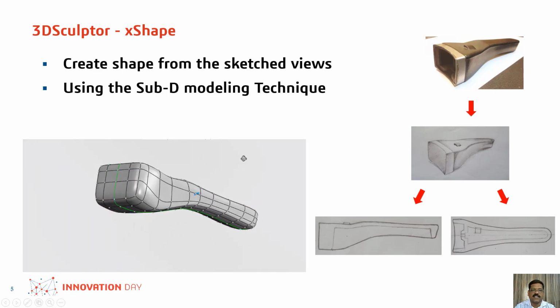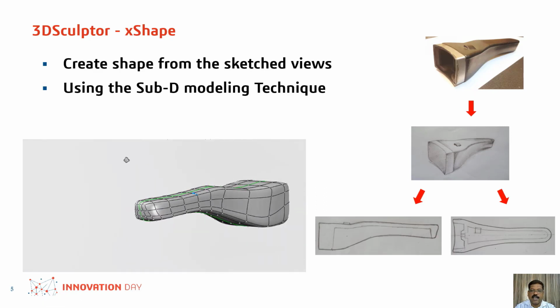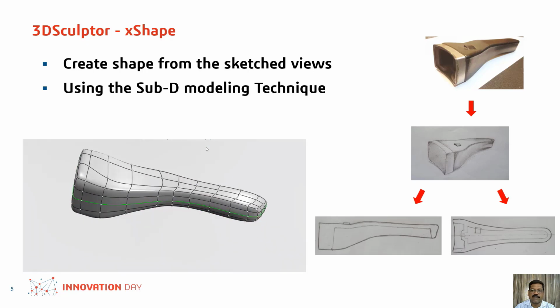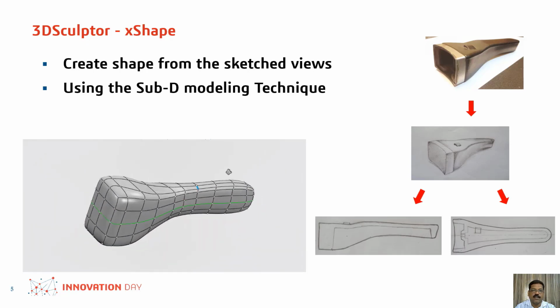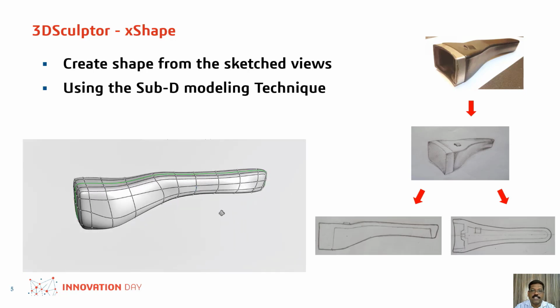So the first stage in our design is we need to shape our product. So here I have two views, which are the front view and the top view. I'm using xShape to shape my product and align it to the sketched views. This works on a sub-D modeling technique, which is a powerful tool to generate complex shapes.